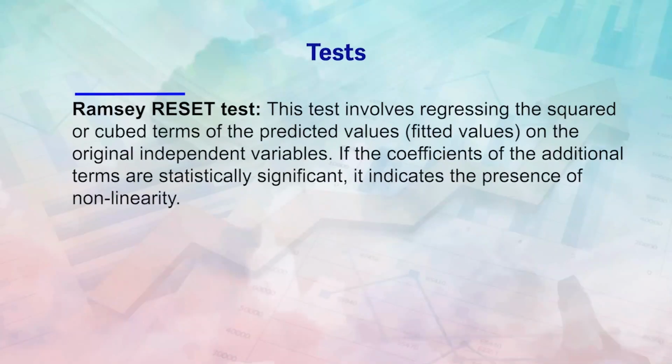For example, the common test is the Ramsey test, which means that we are regressing on the cubic or the squared terms of the original independent variables. If the coefficients of the cubic or the squared terms are statistically significant, then definitely nonlinearity comes in.